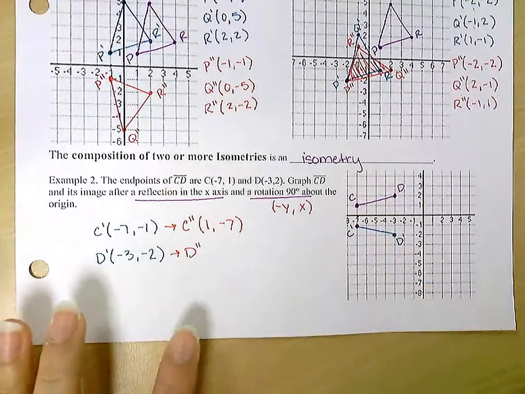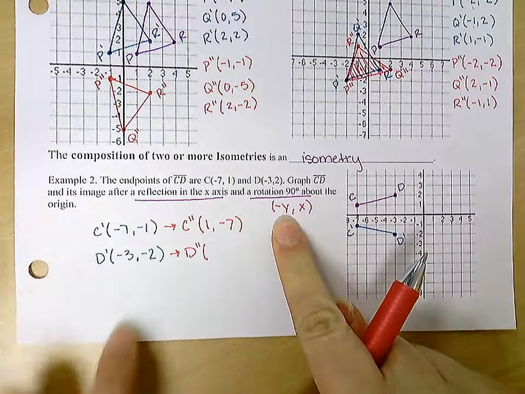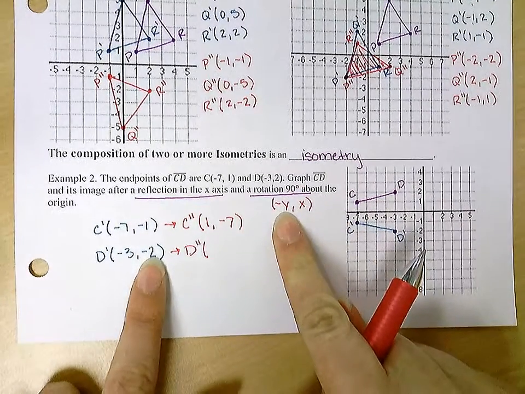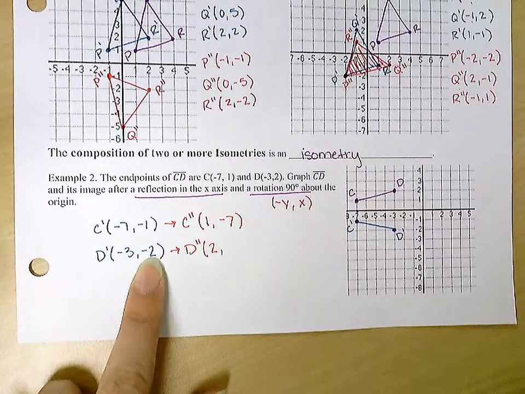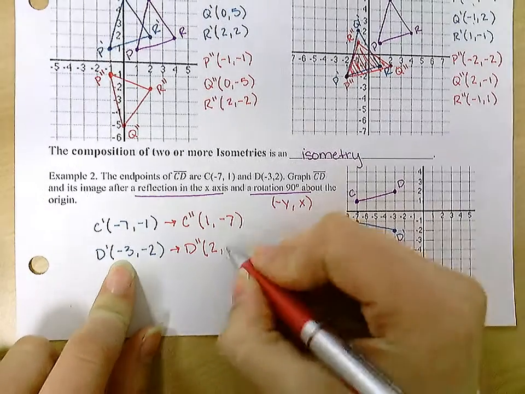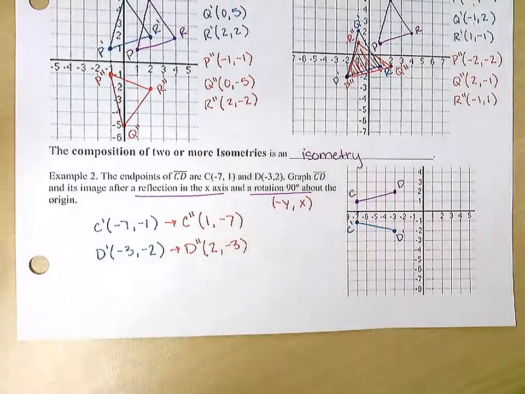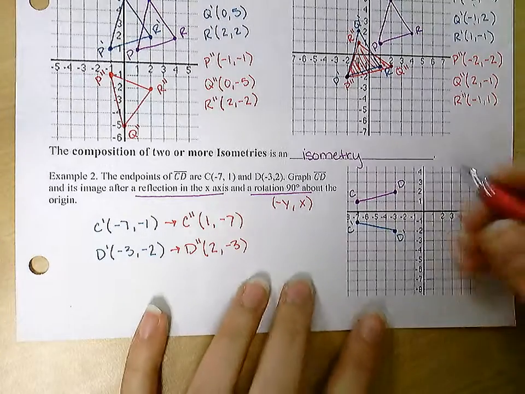Next one, D double prime. Opposite of y, our y value is -2. So take the opposite sign for that one, that is 2. Then we need to take our x value. Our x value is -3. So now that I have my two double prime coordinates, I can plot them on my graph.